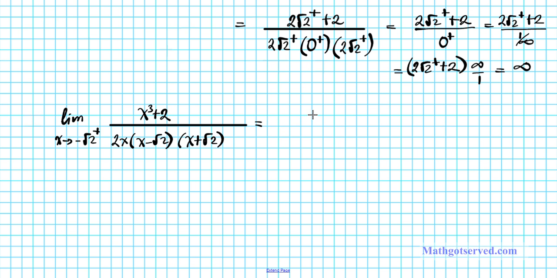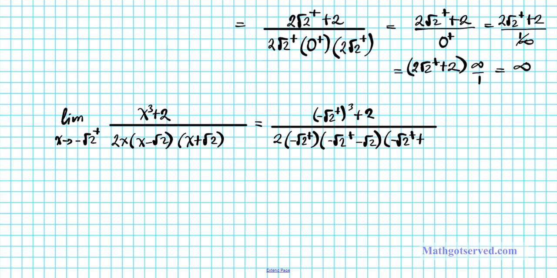So we're going to have negative root 2 from the right raised to the third power plus 2 in the numerator, and then in the denominator we'll have 2 times negative root 2 from the right times negative root 2 from the right minus root 2 times negative root 2 from the right plus root 2.